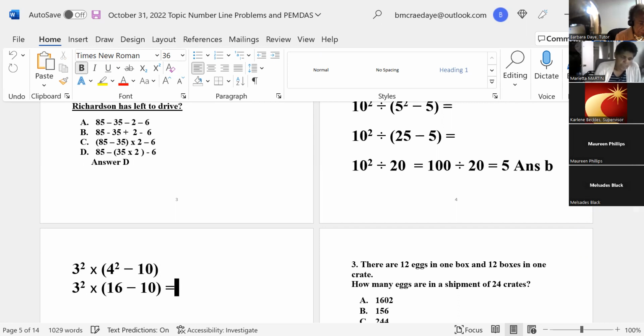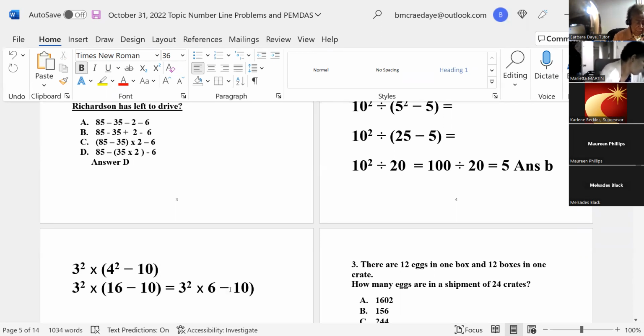Subtract 10 from 16 is 6. Okay, so let's just copy that. So we have 3 to the second power times, and then 16 minus 10 is 6. So let's just put 6.